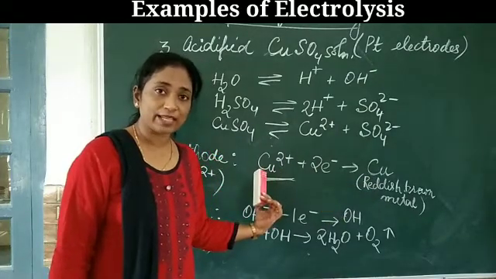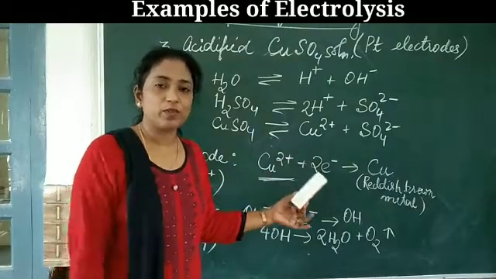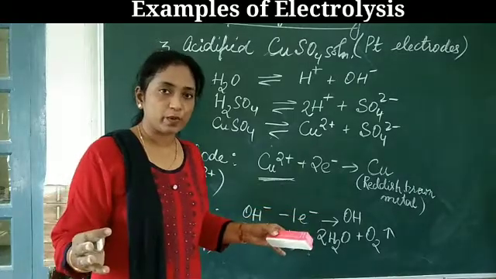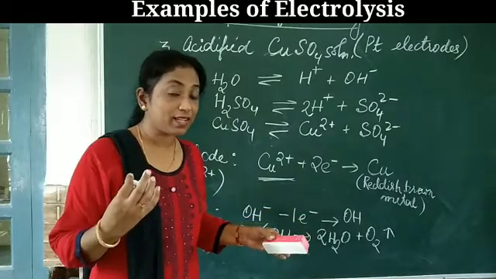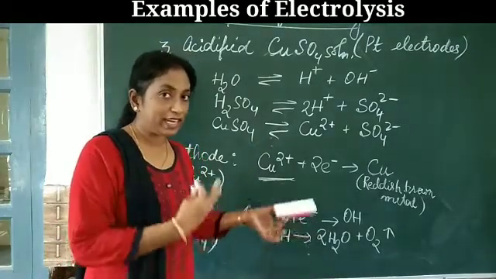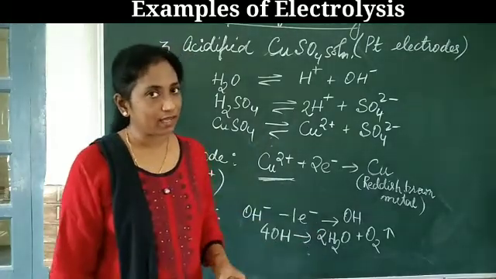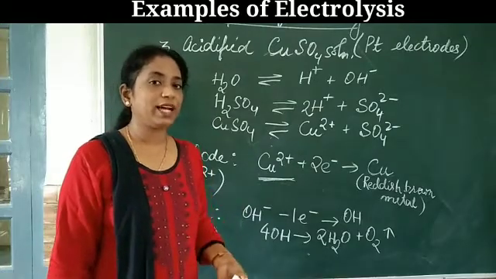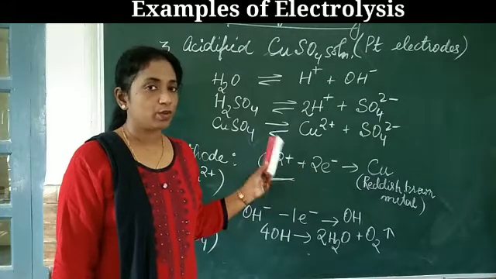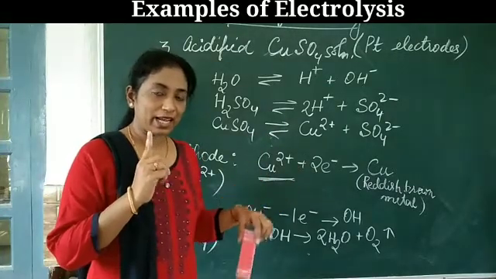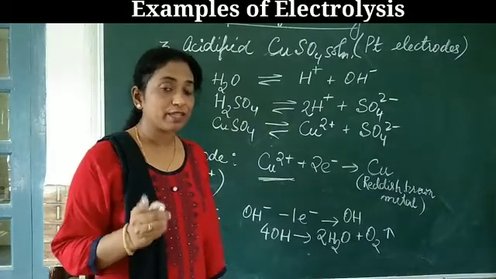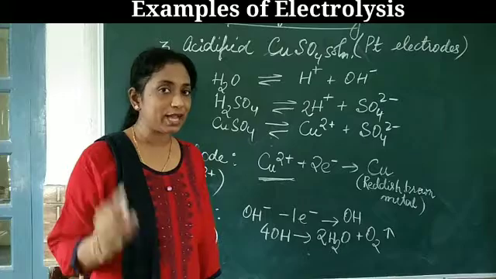The number of Cu2 plus ions is reducing in the electrolyte. As the reaction proceeds, the concentration of Cu2 plus ions in the solution goes on decreasing, and because of that the color of the electrolyte keeps fading. So first you will write that the color of copper sulfate solution is blue because of the presence of Cu2 plus ions.